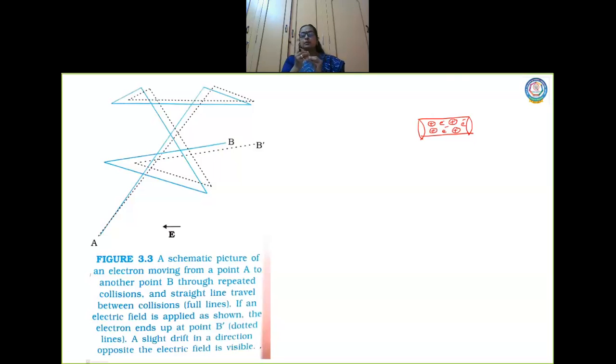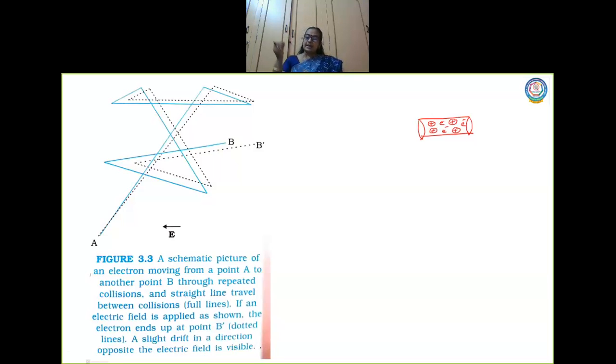Now when they move, they will come and hit the positive ions. They gain some velocity, but they move randomly in the conductor. So these electrons will suffer collisions. They will come and hit, so when they hit, they collide. They will suffer collisions with the positive ions.